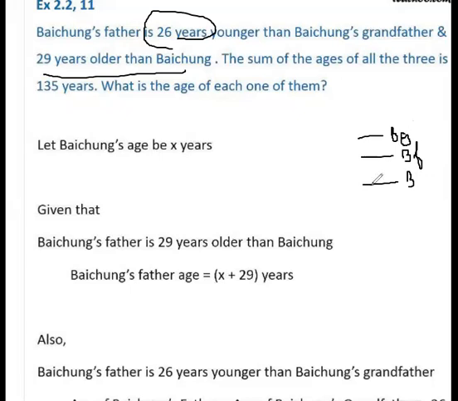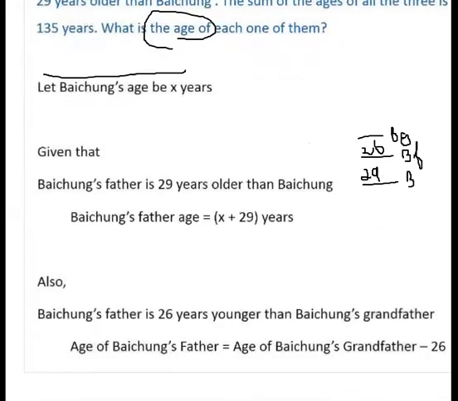The question is saying that Bachung's father is 26 years younger, meaning his grandfather is older, so the gap in between is 26. And in between Bachung and his father the gap is 29 years, meaning his father is 29 years older than Bachung. So now you have a perfect position.